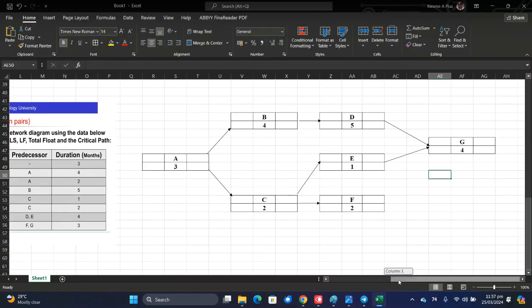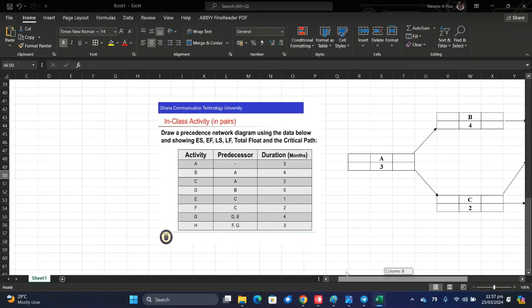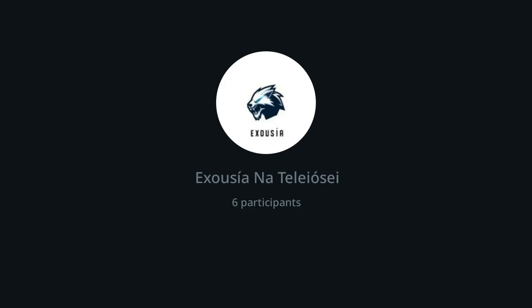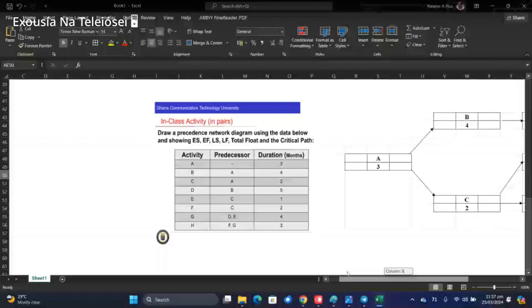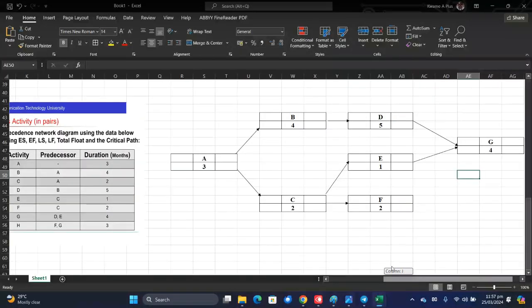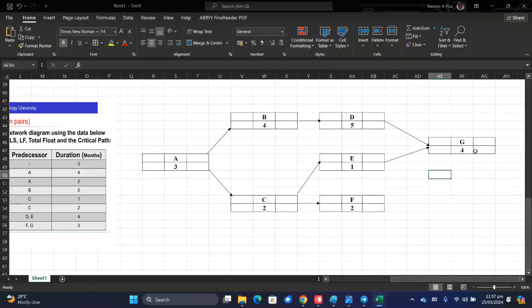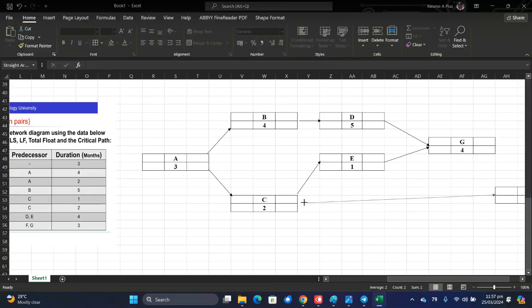And then we have what? FJ precedes H. FJ, okay. FJ precedes what? H, okay. So I think I can push this one up here.